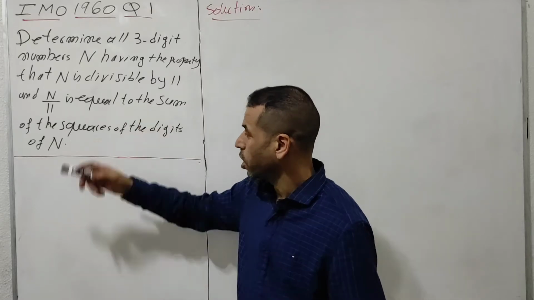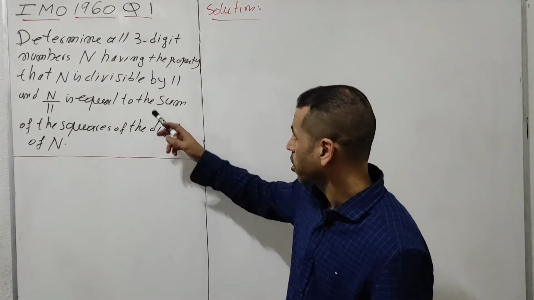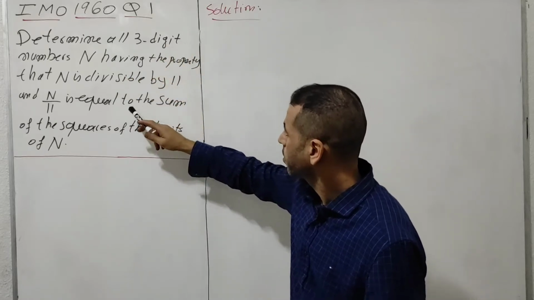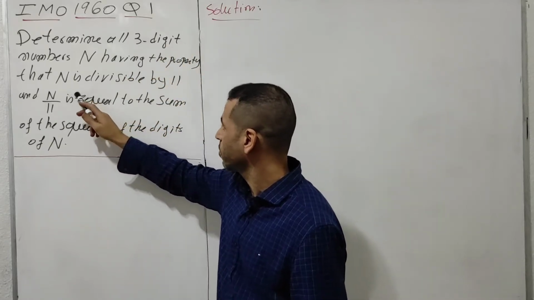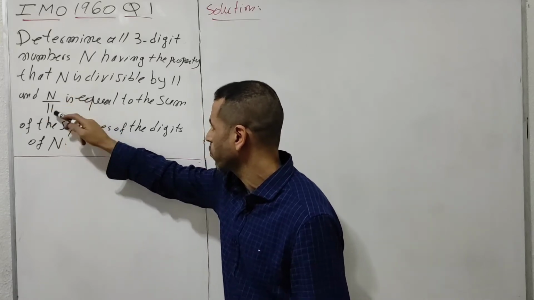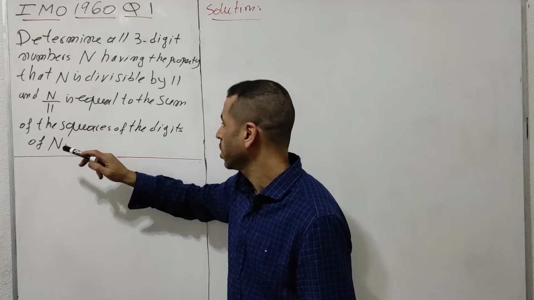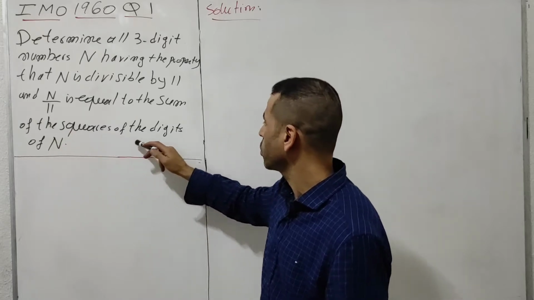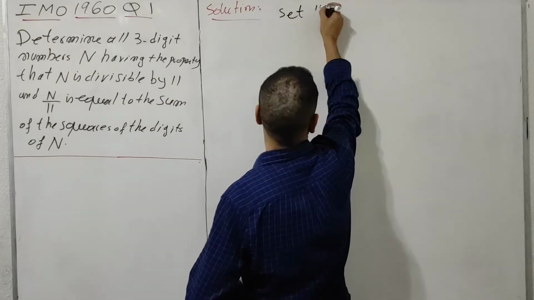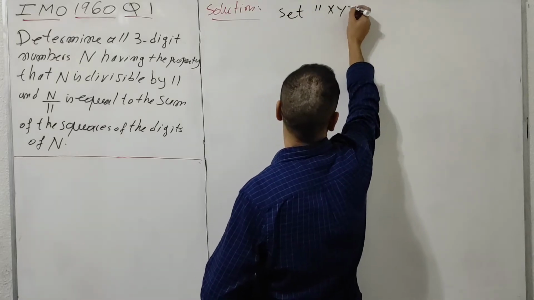We are going to work on both properties. We have two properties. The number that we are going to find must be divisible by 11, and at the same time this result, which is n over 11, is equal to the sum of squares of these digits. Let's set n as x, y, z.